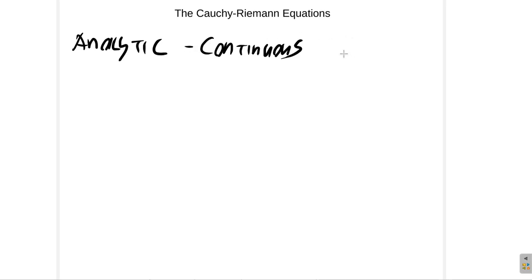That means you shouldn't have anywhere where you're trying to divide by 0 or something like that, right? You mustn't have any piecewise function. It must be continuous. You must be able to differentiate it, right?